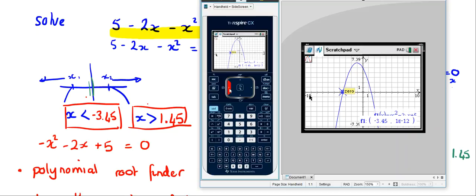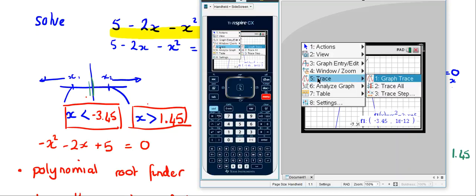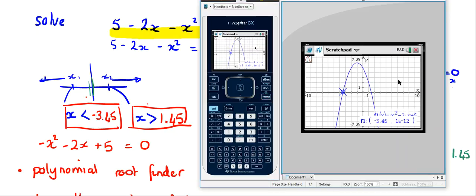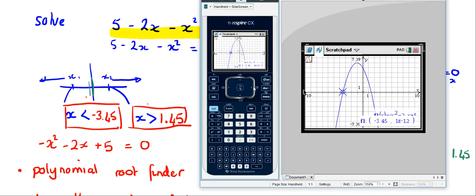So that's when it equals 0. So I did that with menu, trace. Trace means to trace the line. I just go graph trace, and it gives me a point to shift up and down. All right with that? So we get the same answers.